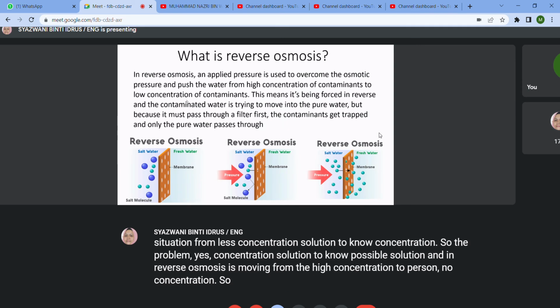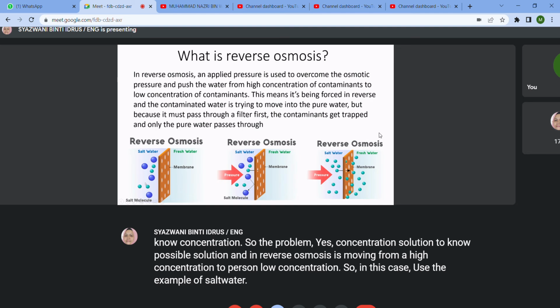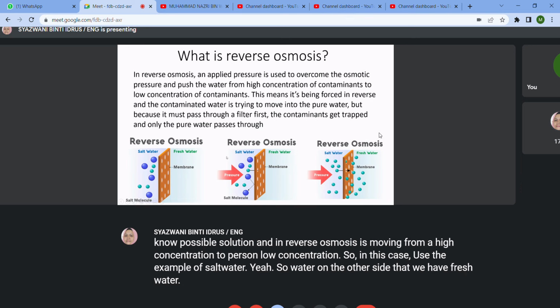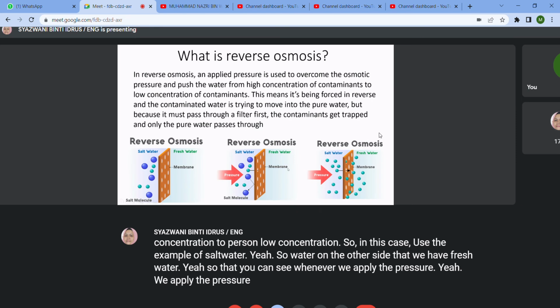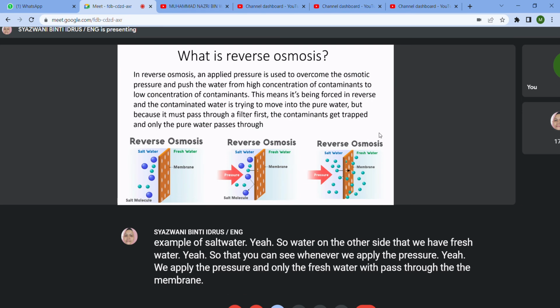In this case, they use the example of salt water, and on the other side we have fresh water. You can see that whenever we apply the pressure, only the fresh water will pass through the membrane material.